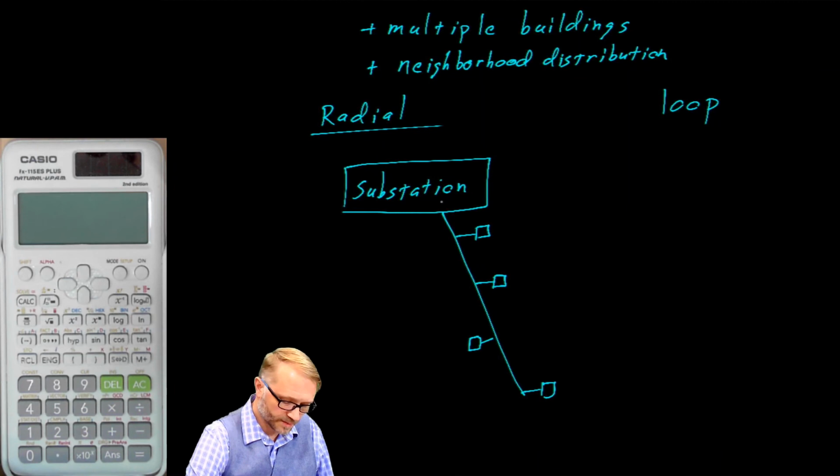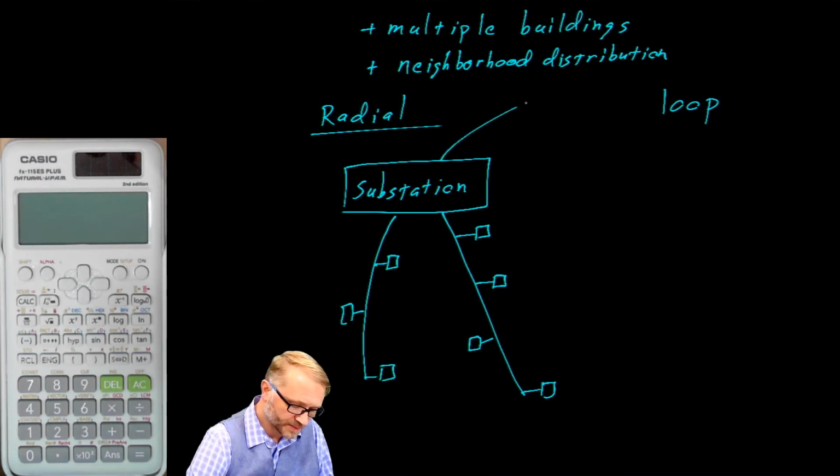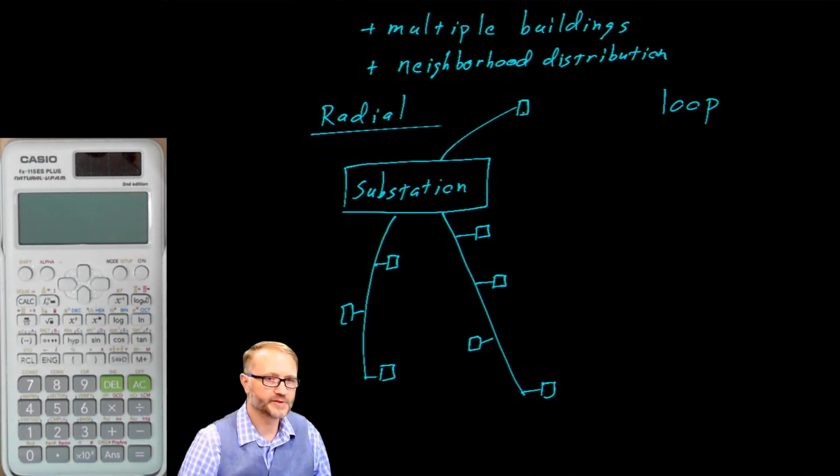So on this branch, you have 4 loads, and there might be another branch. And let there be 3 loads on this branch, and maybe this branch here with only 1 user. But you can see the pattern. We have these lines that are radiating out from the substation.